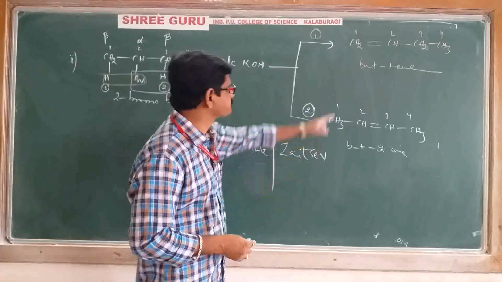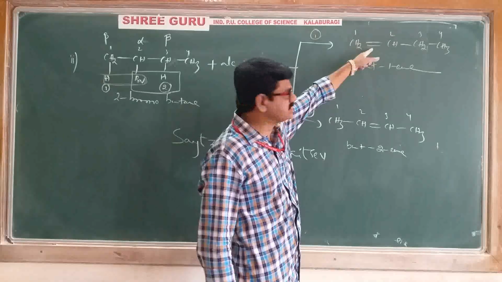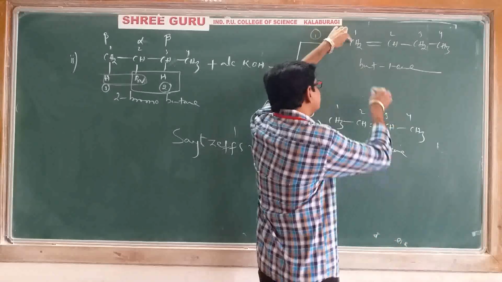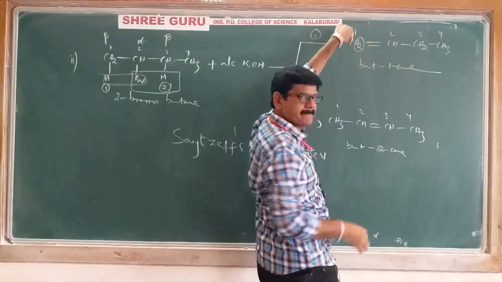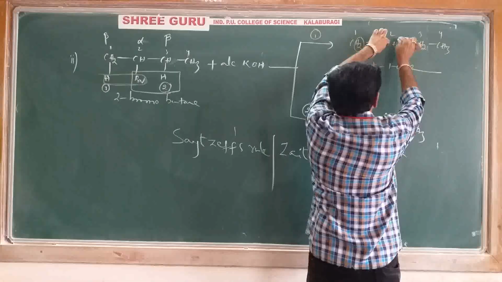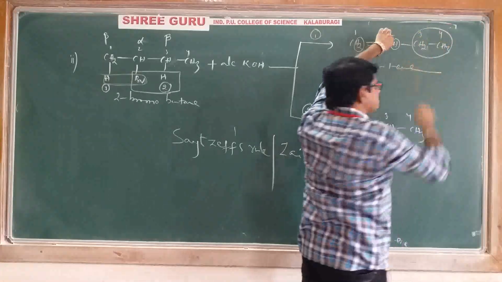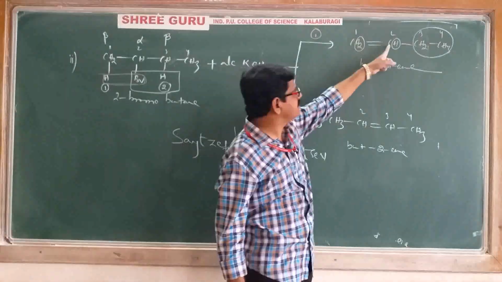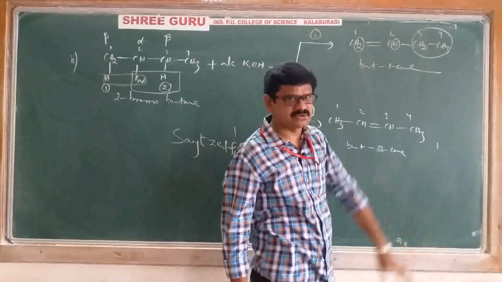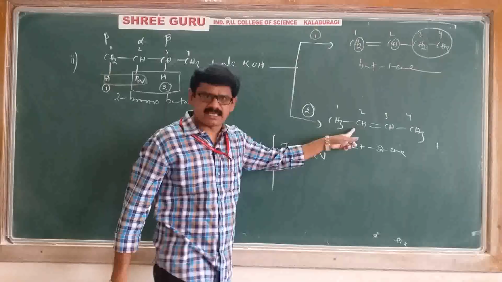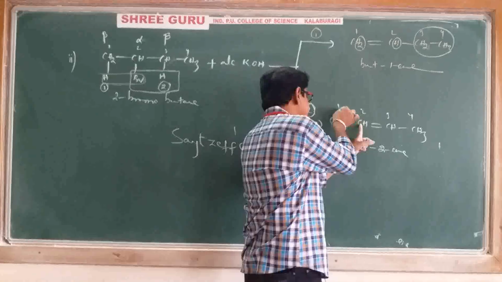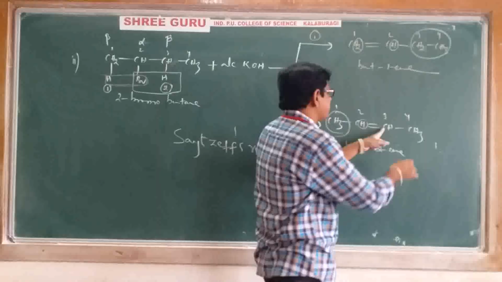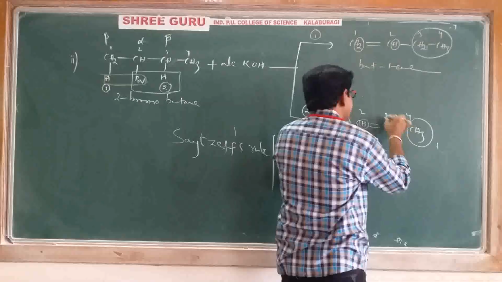See, in the first alkene, this is a double bonded carbon, this is also a double bonded carbon. This double bonded carbon is having only 2 hydrogens, and this double bonded carbon is having 1 hydrogen as well as 1 ethyl group. In the other possibility, this double bonded carbon is having 1 methyl group as well as hydrogen, and this double bonded carbon is also having 1 methyl group as well as hydrogen.